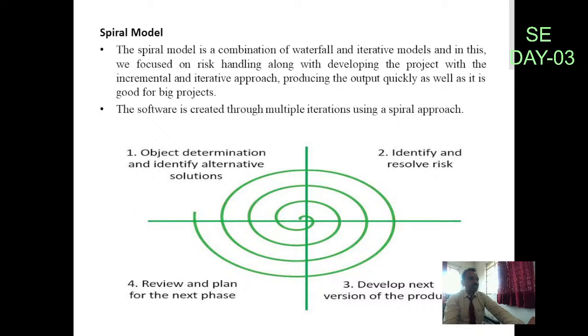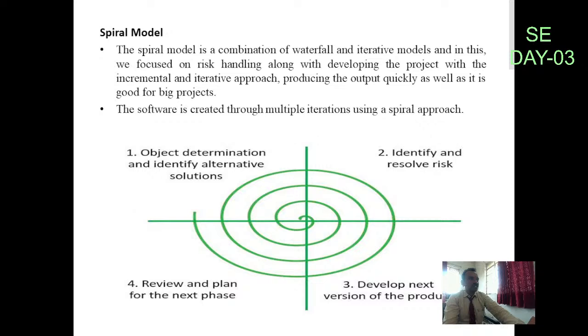Here, what are the different phases? In the spiral model, importantly, we discuss four phases. The first one is determination of the objectives and identifying the alternative solutions. The second one is identifying the risks and resolving the risks.